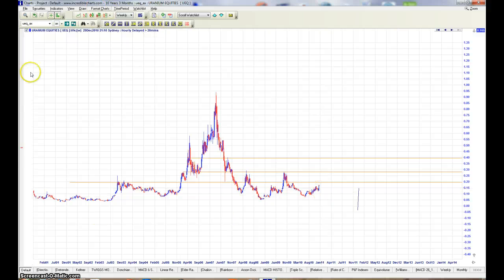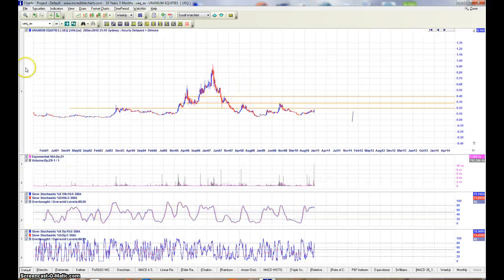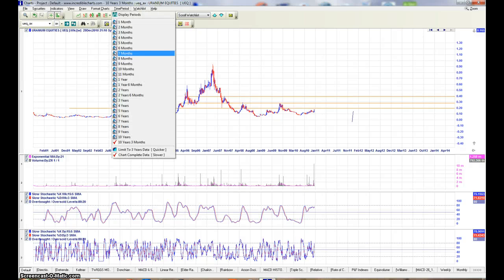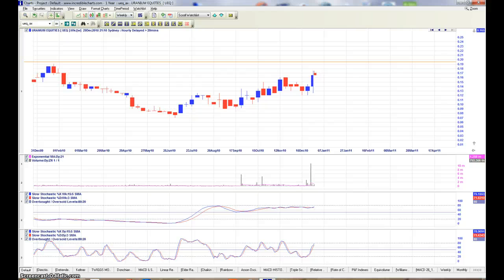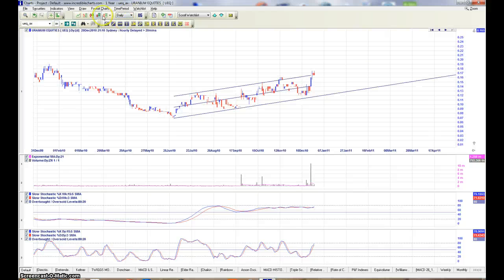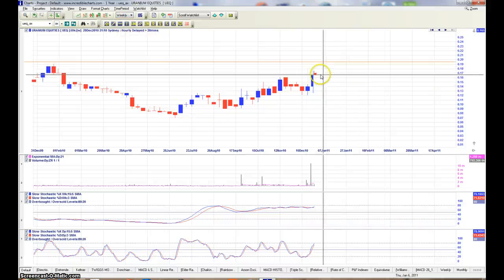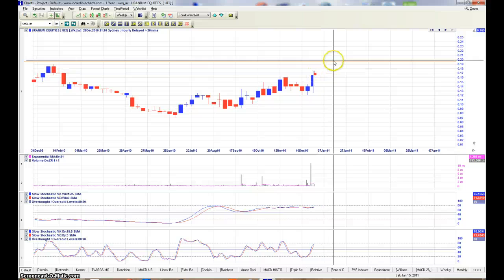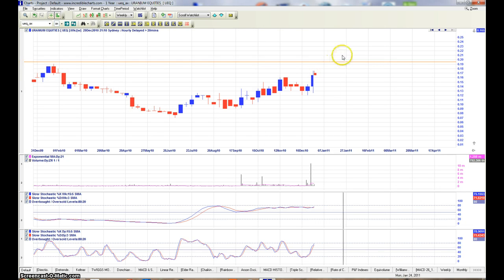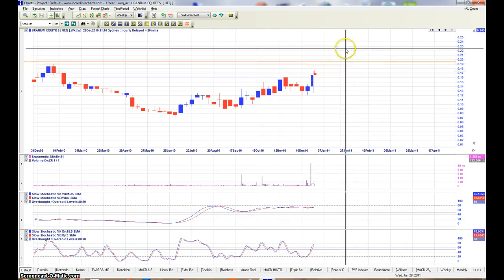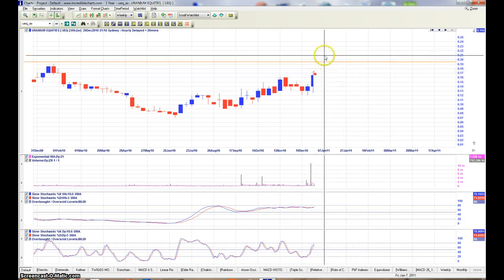so what I would expect from that, if I was bullish the stock, I would expect a very rapid rise to at least the 20 cent mark and probably beyond, and then it might retrace after that.